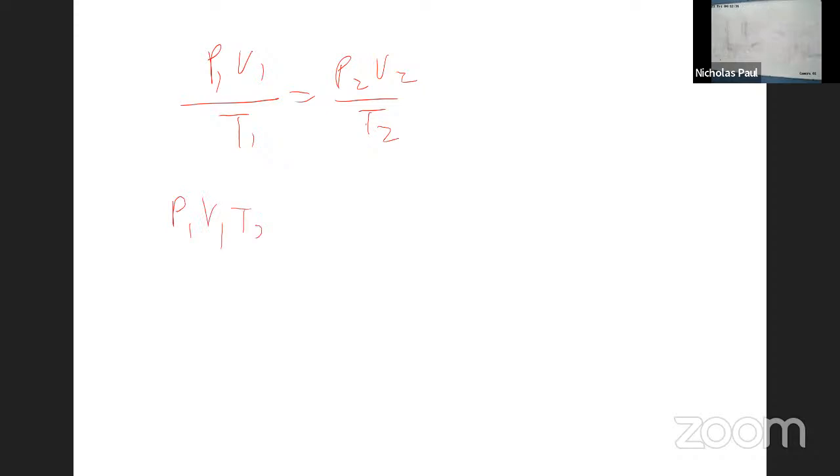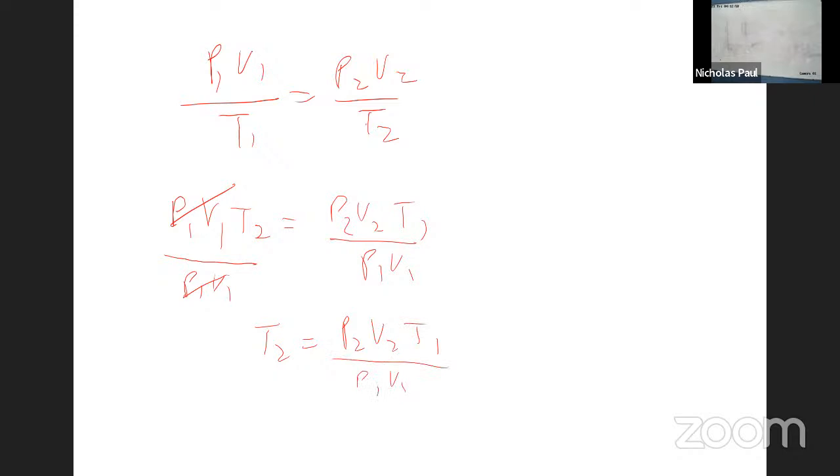P1 V1 T2 is equal to P2 V2 T1. And then you want to make T2 the subject. So divide by P1 and V1 here. Same thing here. It'll cancel off here. And you will get T2 is equal to P2 V2 T1 all over P1 V1.